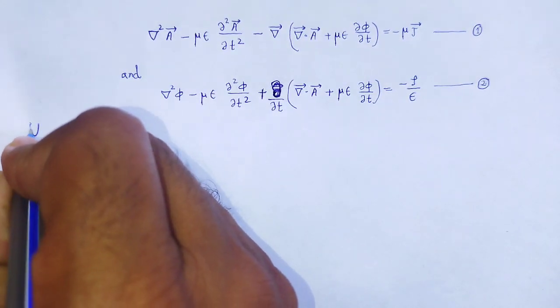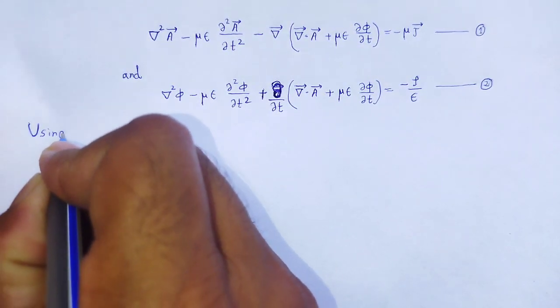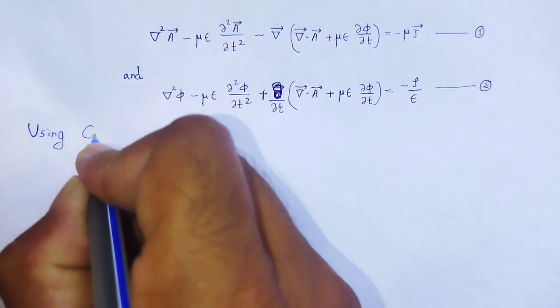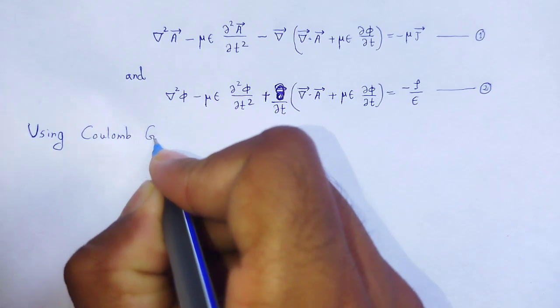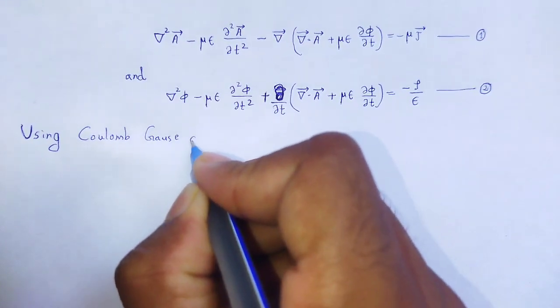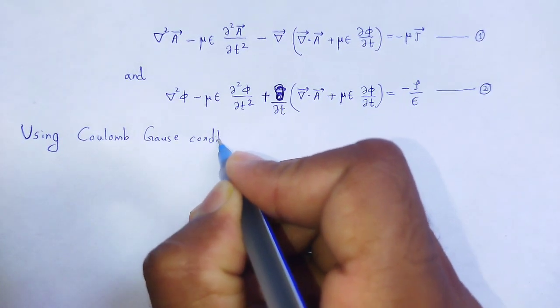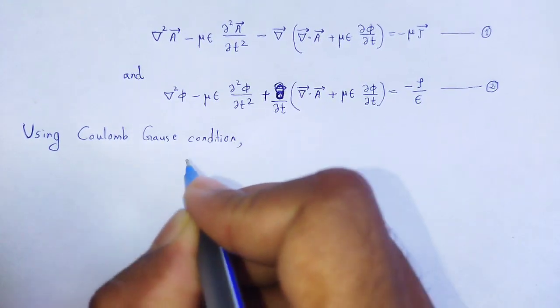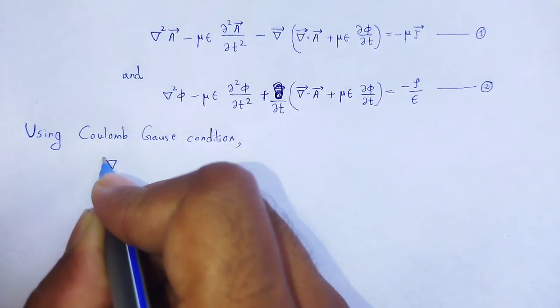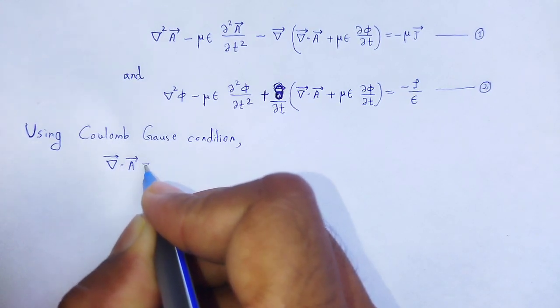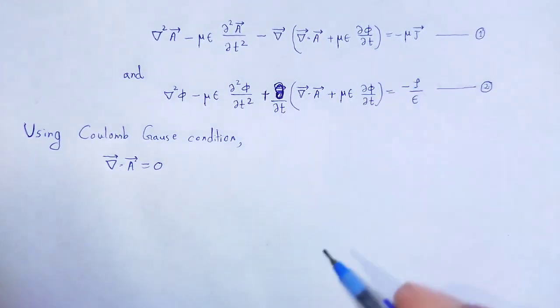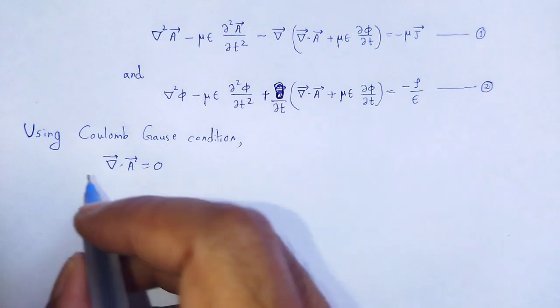Using the Coulomb gauge condition. What is the Coulomb gauge condition? Grad dot A is equal to 0. That is the Coulomb gauge condition.